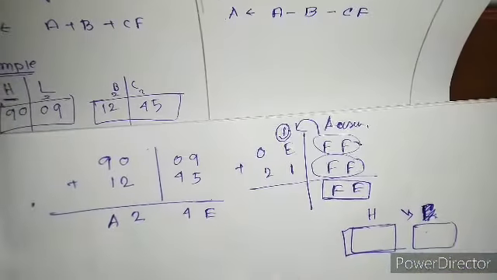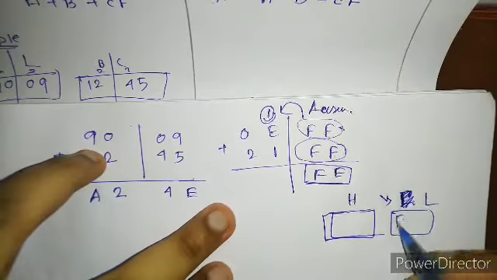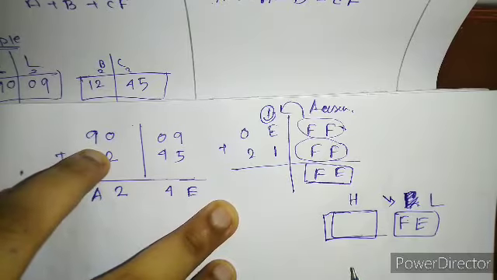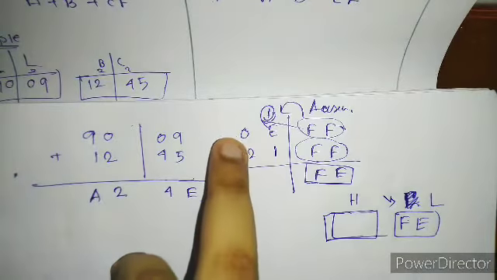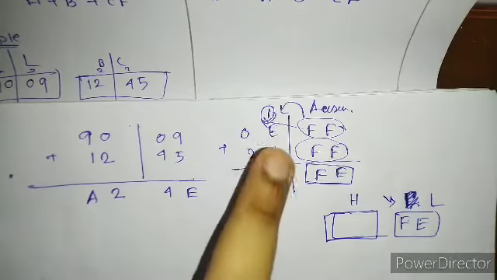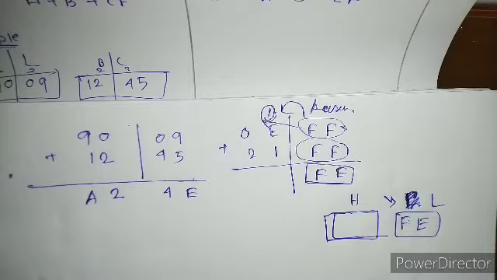So maybe this will get stored here, FE. Now there is an auxiliary carry. Whenever we add these two numbers, we have to add that carry too to get the right answer. Then here comes the instruction ADC.